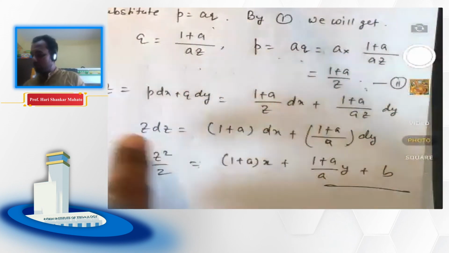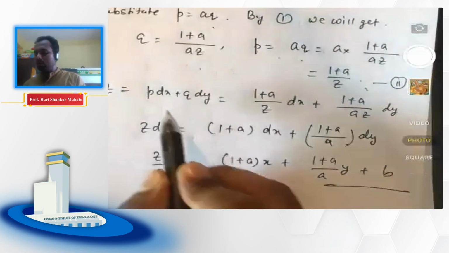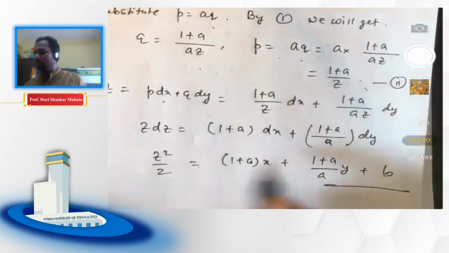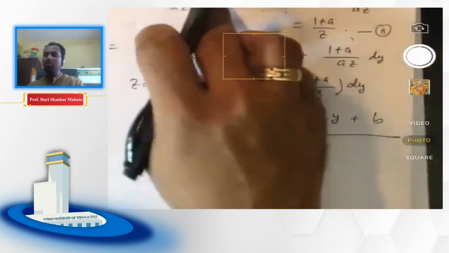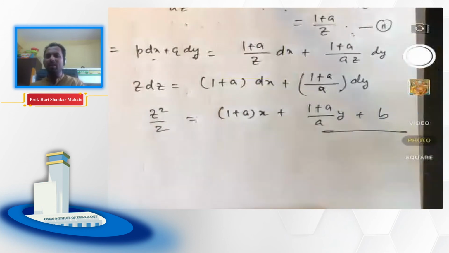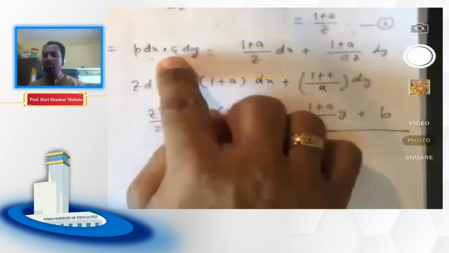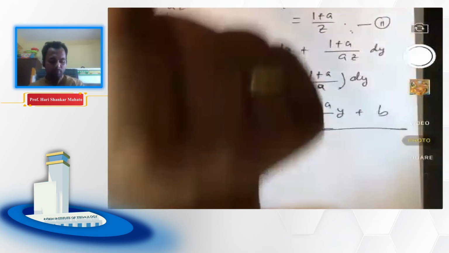Sorry, this is dz. dz equals p dx plus q dy, and then we substitute, and this will give you the required answer. So either we can take p equals aq, or q equals ap, and then solve for p and q, and then substitute in this relation. All right. So this is one way to recognize this form.